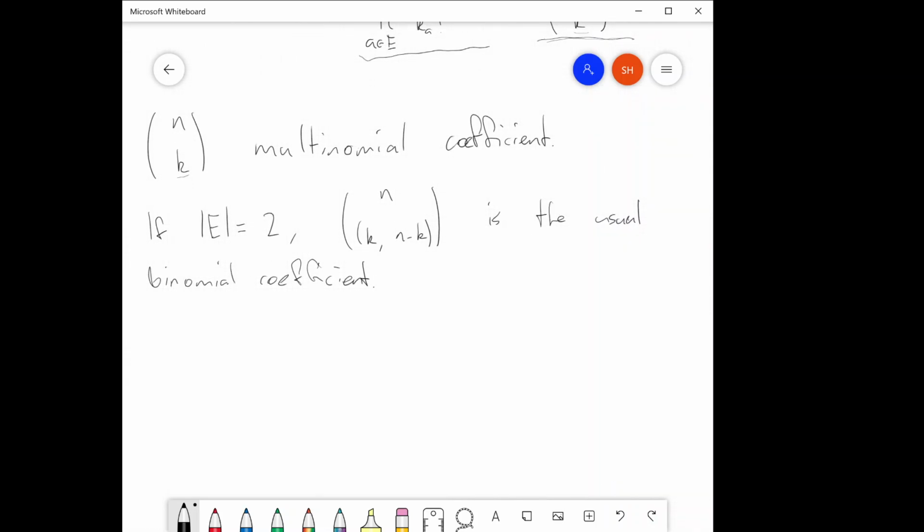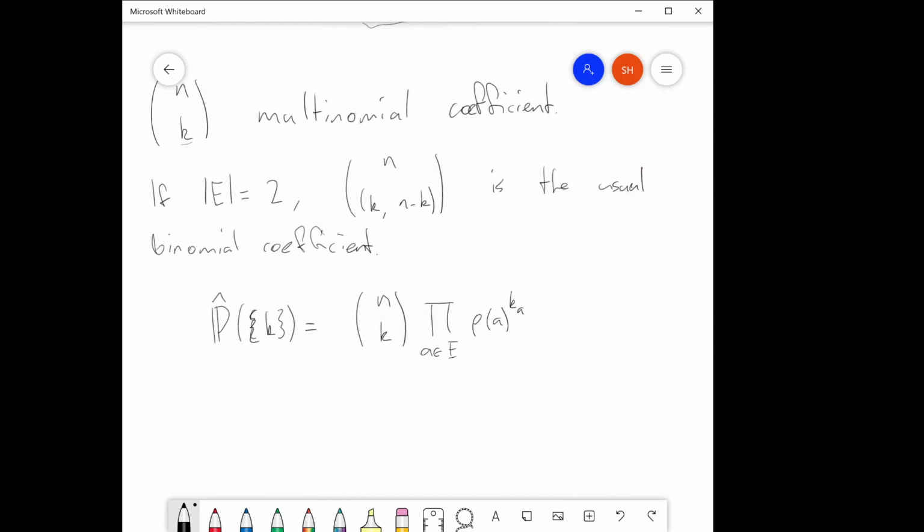Putting all this together, we find that this natural probability distribution on Omega hat, these unordered samples with replacement, is such that on a single element k it has probability (n choose k) times the product over the different colors a of rho of a to the power of k_a.